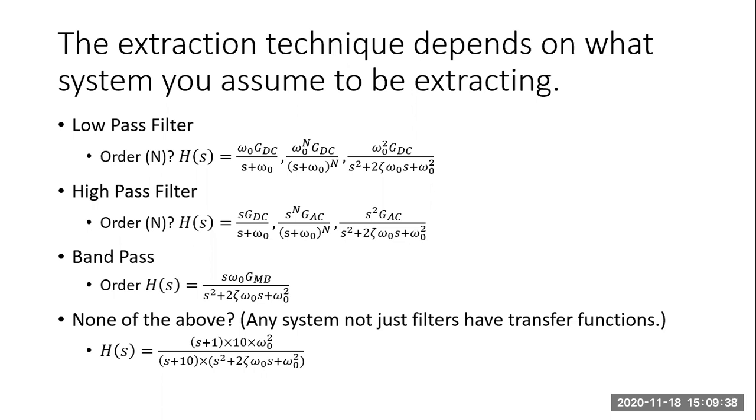So if you assume a low pass filter, but it's really a high pass filter, you'll get numbers, but it'll be garbage. So when you look at the Bode plot, you've got to recognize the shapes.